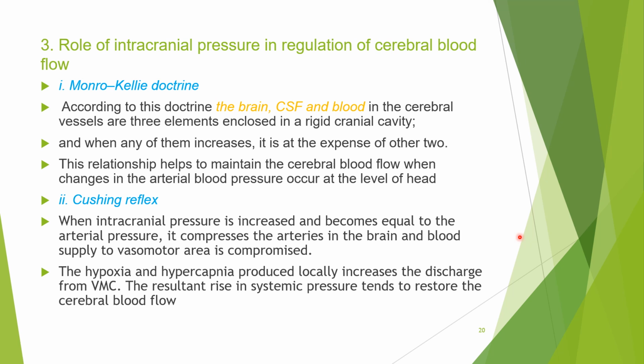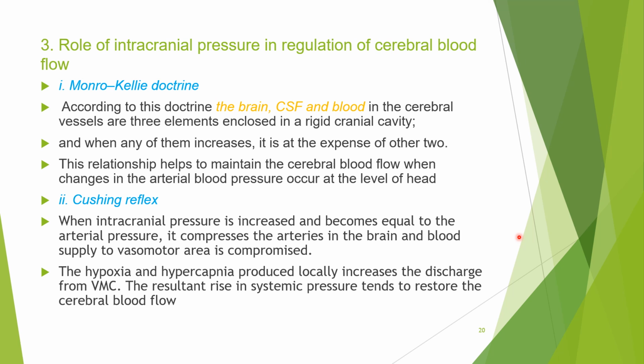What happens? It leads to a decrease in the oxygen supply to the VMC, that is hypoxia, and an increase in carbon dioxide accumulation in the vasomotor center, that is hypercapnia.